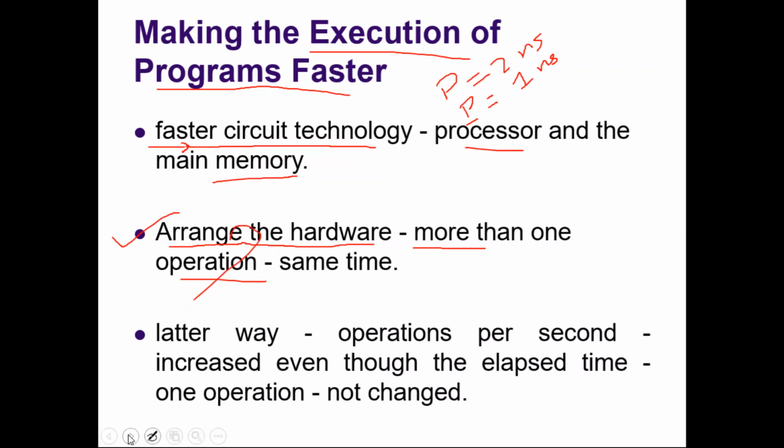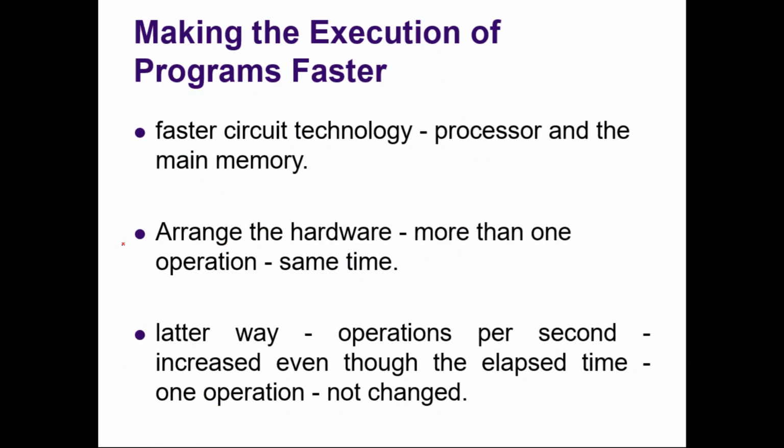So the later technique, that is the second technique, arranging the hardware in such a way that more than one operation can be executed at the same time, will increase operations per second. Operations per second, in the sense, the number of tasks completed per second, will be increased, even though the elapsed time for one operation is not changed.